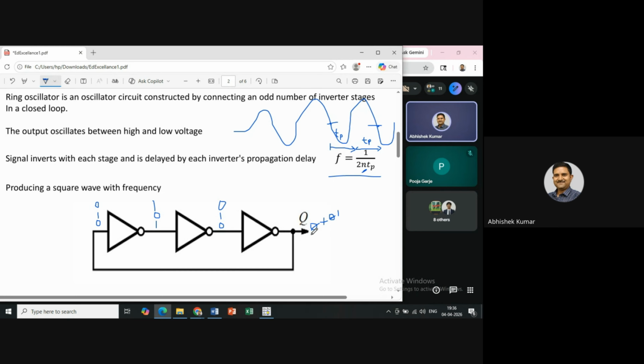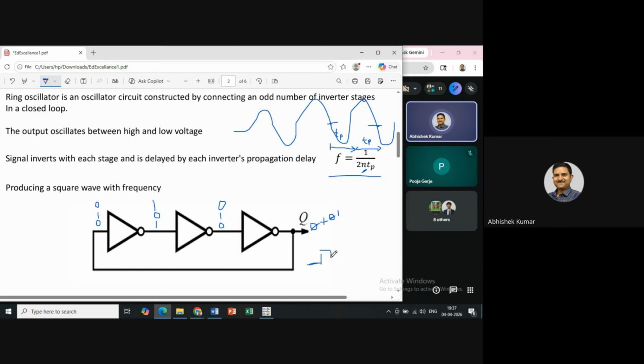So now this 0, 1 output, if I display it on the CRO or the logic analyzer, I will get this type of waveform. To change the output from 0 to 1, it will take some time. How much time depends on the total delay of the inverter. So it will remain 0, and after some time it will become 1.